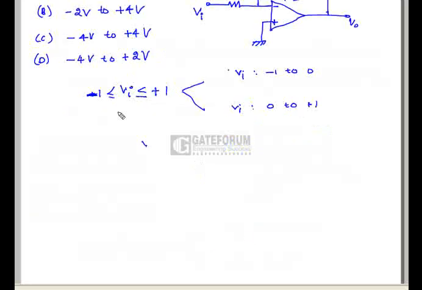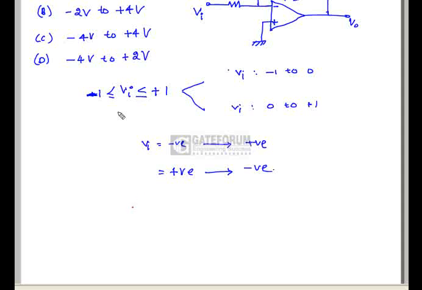Whenever Vi is negative, output is positive. Vi is positive, output is negative. So in case 1, whenever Vi is negative, that means minus 1 to 0, V0 is positive. Positive means the diode is going to be reverse biased, which is going to act as an open circuit.